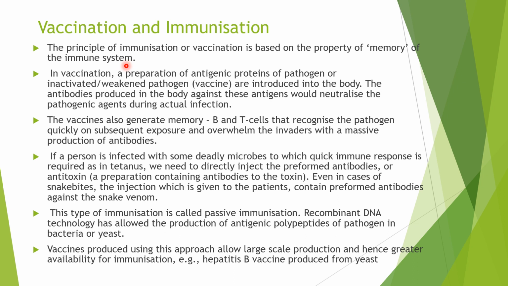What do we do in vaccination? In vaccination, a preparation of the antigenic proteins of the pathogens, or an inactivated or weakened pathogen, is the vaccine, and it is introduced into the body of a patient. The antibodies produced in the body against these antigens would neutralize the pathogenic agents during the actual infection.